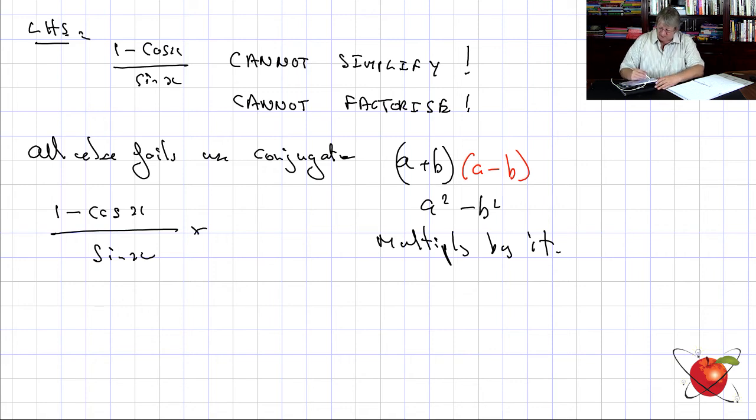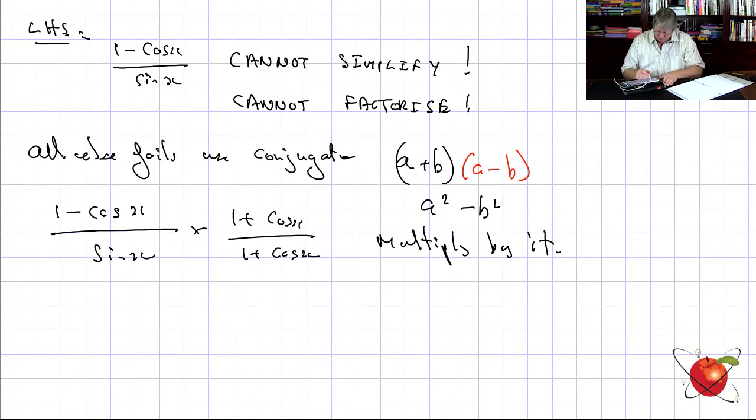Well, the conjugate is 1 plus cos x over 1 plus cos x. I know that sometimes it's referred to as the magic 1, because I'm not doing anything different. Because 1 plus cos x over 1 plus cos x is 1. We are multiplying it by 1. We're not changing anything. We're just making a subtle rearrangement.